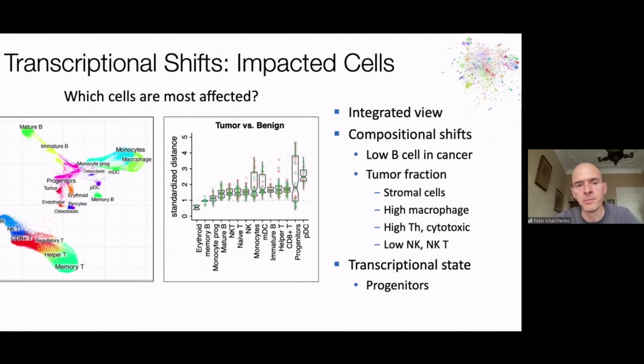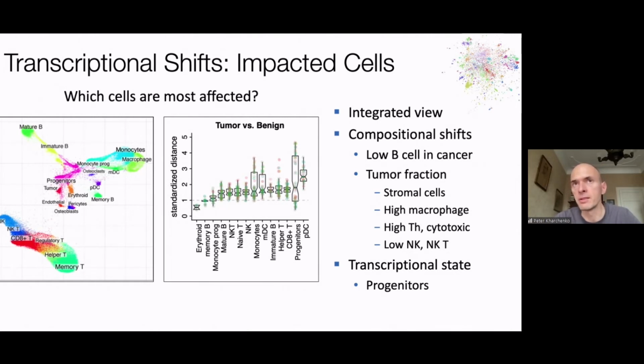You have to reduce dimensions. You have to worry about all sorts of covariates. So what we ended up doing is normalizing each cell type on its own, because cell types also differ systematically in terms of their transcriptional properties, technical properties.